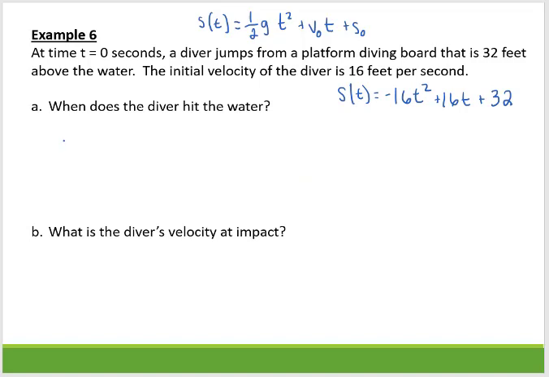So when does the diver hit the water? So I solve this. This is actually one of my favorite questions in my Algebra 2 trade class. So I always like to factor out the negative 16.